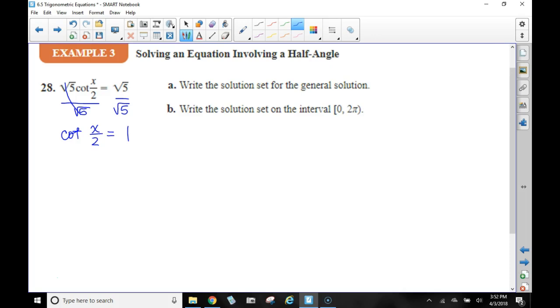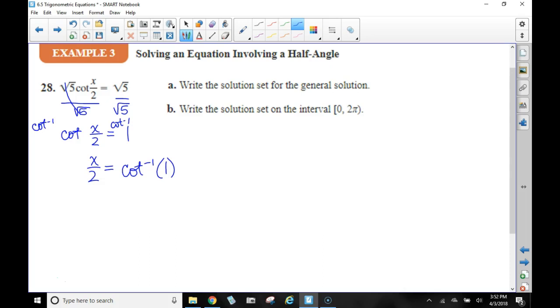The next thing we're going to do is take the inverse cotangent of both sides. Now, when we do that, the left-hand side is just going to be x over 2. But on the right-hand side, we have the inverse cotangent of 1.